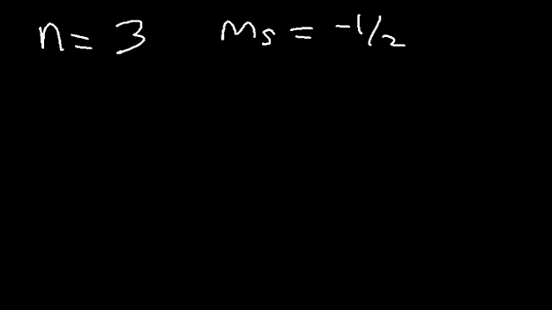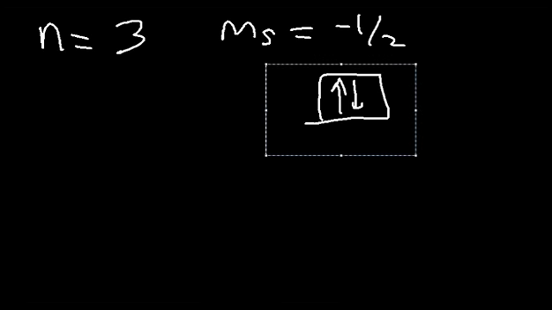Now let's say if you have the value of n and the spin. What is the maximum number of electrons that can have these 2 quantum numbers? What is your answer? Now remember, in every orbital, the spin could be either +0.5 or -0.5.